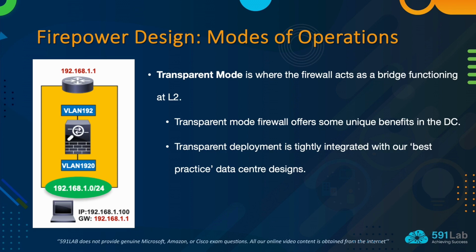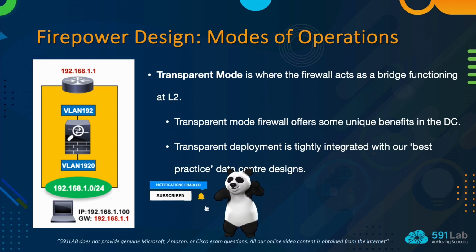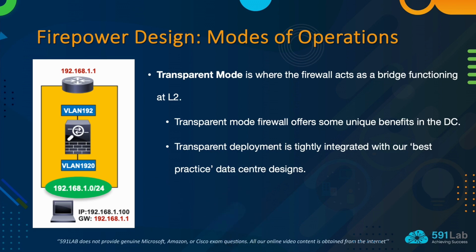Let's look at some of the benefits of the transparent mode. The first benefit is ease of use. Transparent mode is easier to deploy than routed mode because it does not require any changes to the network IP addressing scheme. This can be a significant advantage for existing networks. The second one is security transparency.